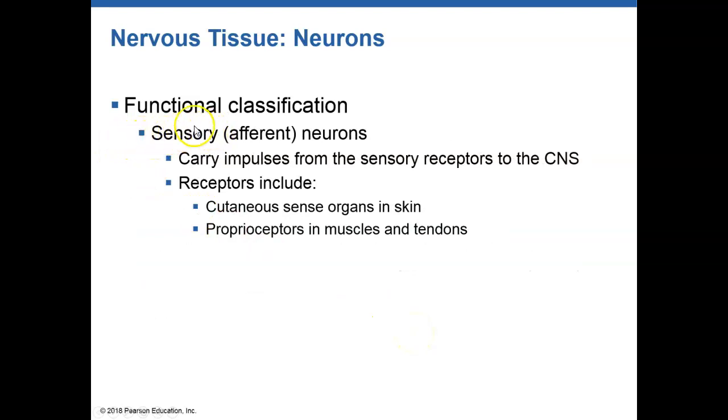So we can classify neurons as sensory or motor or integration centers. Functionally, a sensory neuron is also known as an afferent neuron, and it sends signals to the CNS.